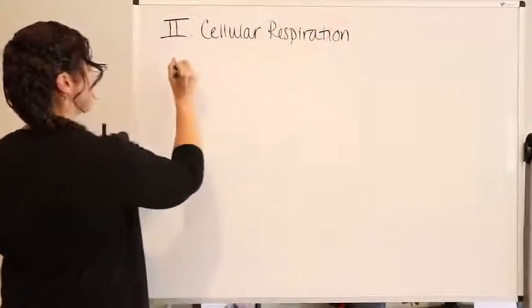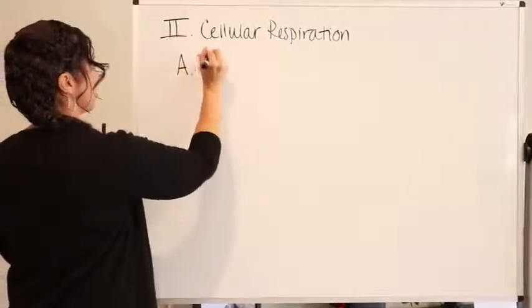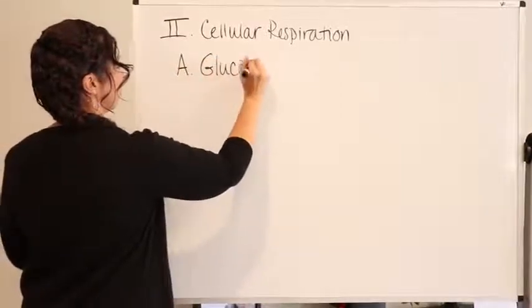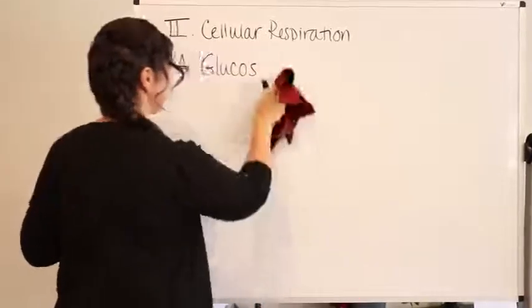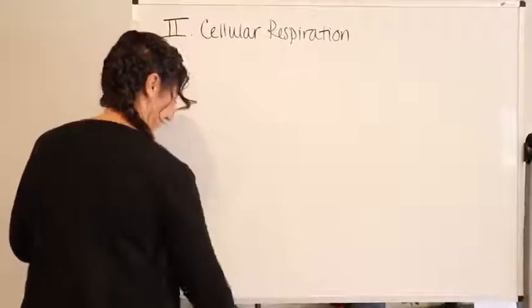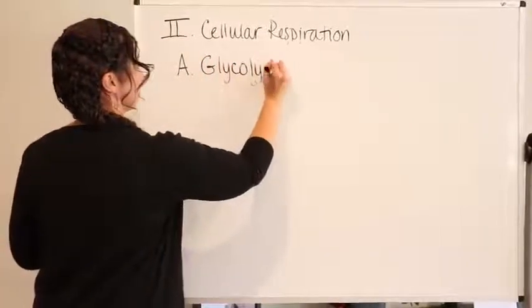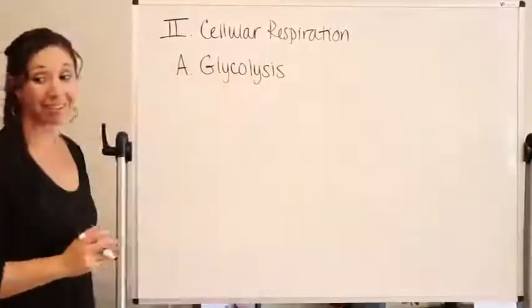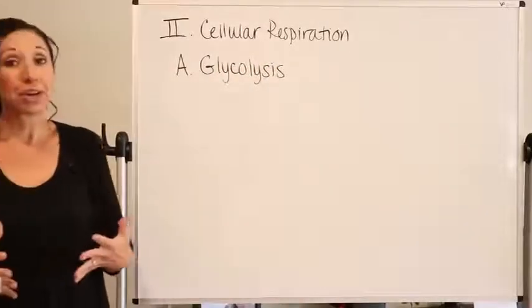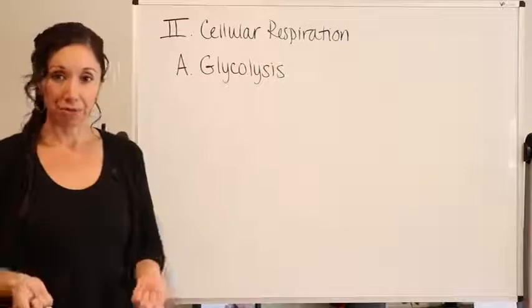So here are those individual steps we're going to talk about now in a little bit more detail. But not glucose, I was thinking glucose. Glycolysis. So glycolysis is literally the breakdown of glucose into 2 molecules of pyruvate.